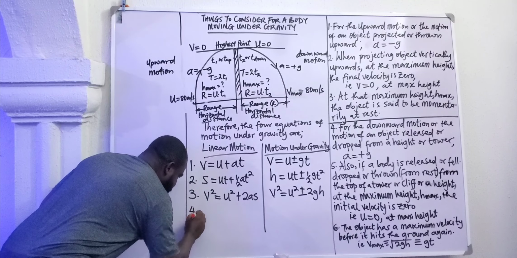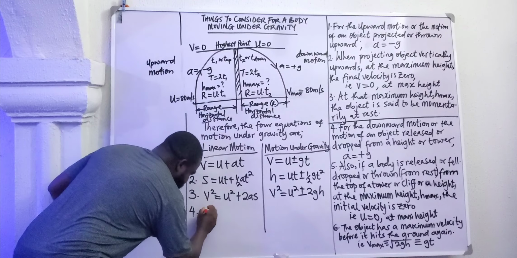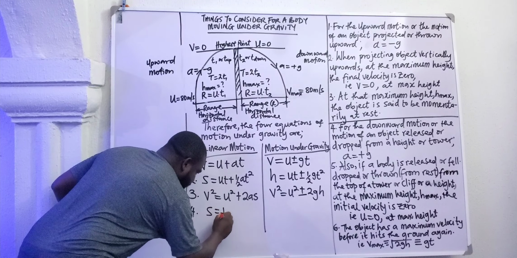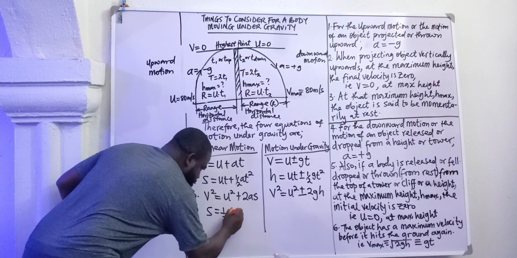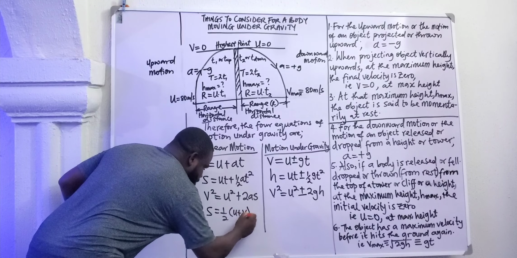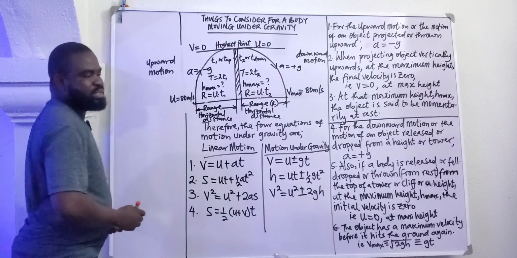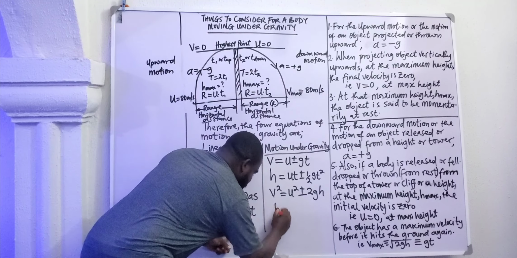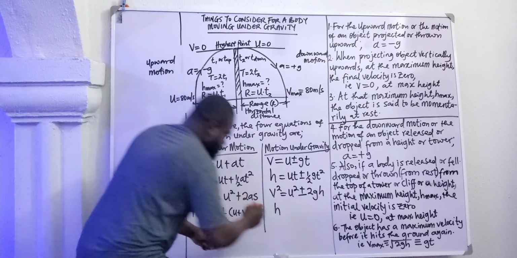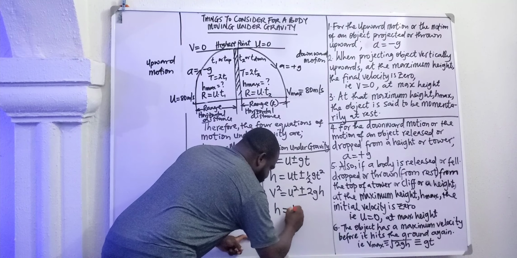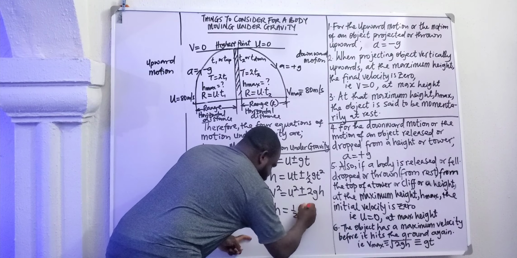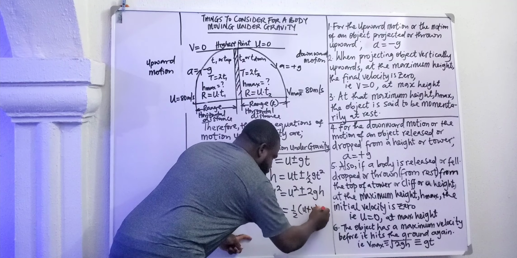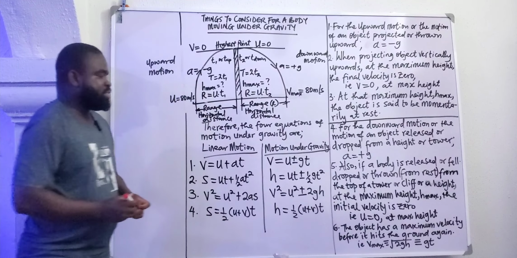The fourth equation says s is equal to half open bracket u plus v close bracket times time t, which will become h in place of x is equal to half open bracket u plus v close bracket multiplied by t.